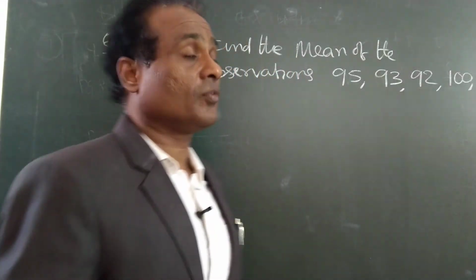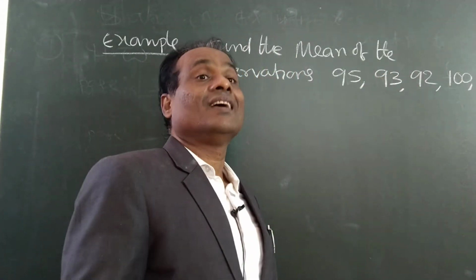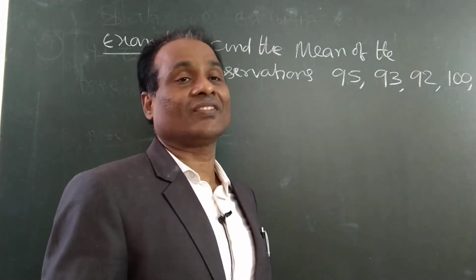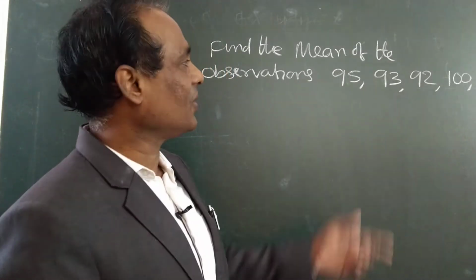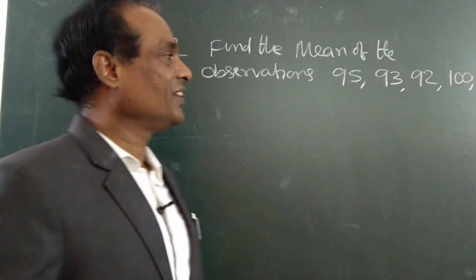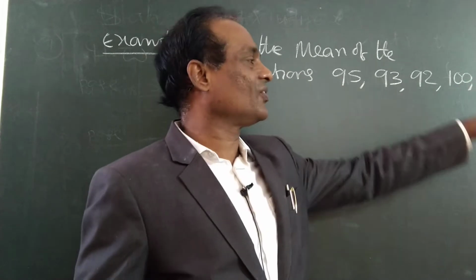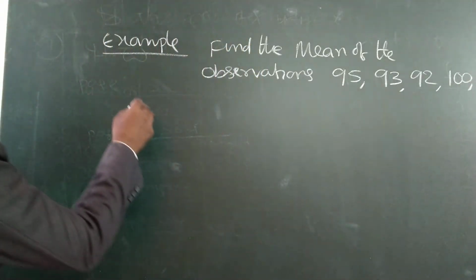So you have to get these many marks in your FA1. 16, 17, 18, you have FA1, no? So you have to get the marks like this: Telugu, Hindi, English, Maths, Science, Social. Okay, so how to find the average?